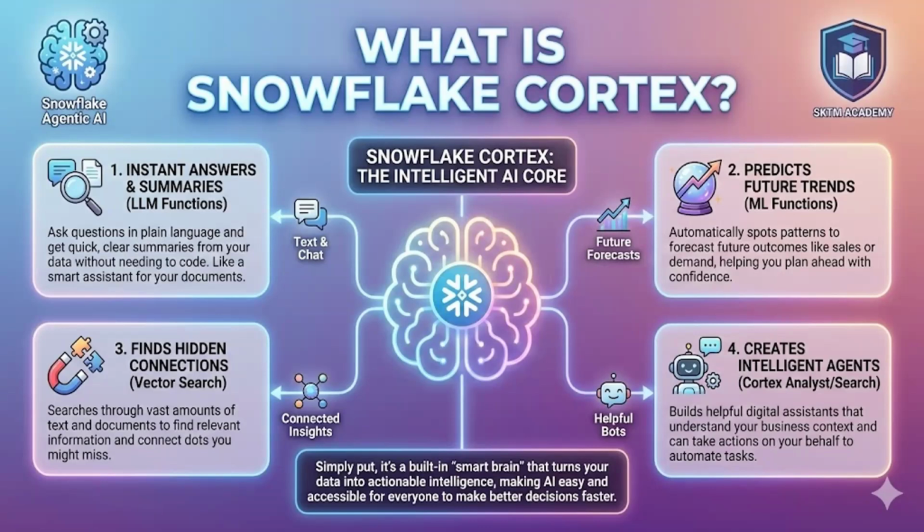But now with Cortex Analyst and Search, you can build your digital assistants, like a supply chain assistant or an investment portfolio assistant. I'm currently working on an investment portfolio assistant for one of my teams, to help them identify the user queries and classify which are the best optimal queries.